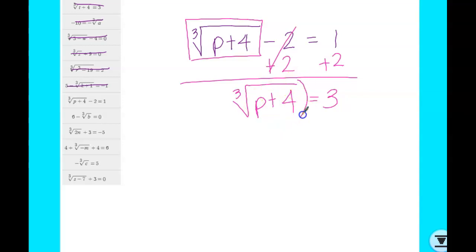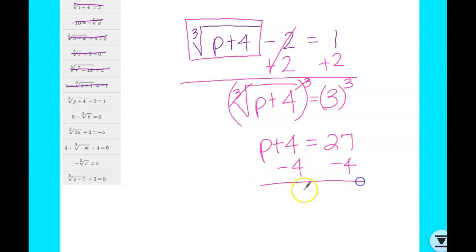And now we can get rid of this cube root by cubing both sides. We're going to use the inverse operation. So p plus 4 is equal to 27. Isolate p. So we get p is equal to 23.